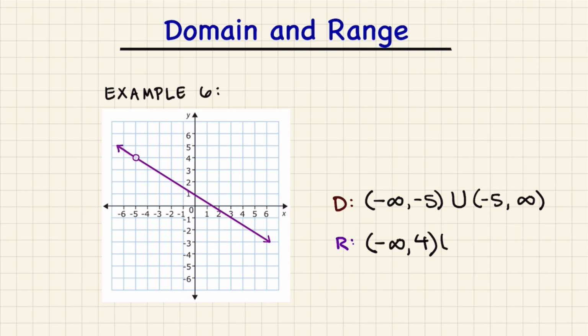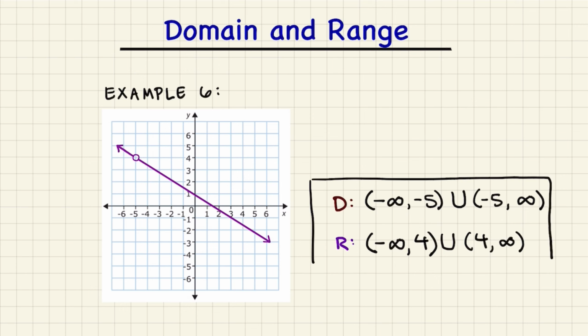And then we do our union so we can list our next interval. So we stopped right here. So 4 comes first in our next interval with the parentheses, comma, and this continues up in the positive y direction, so to positive infinity. And that is the domain and range of this function here.